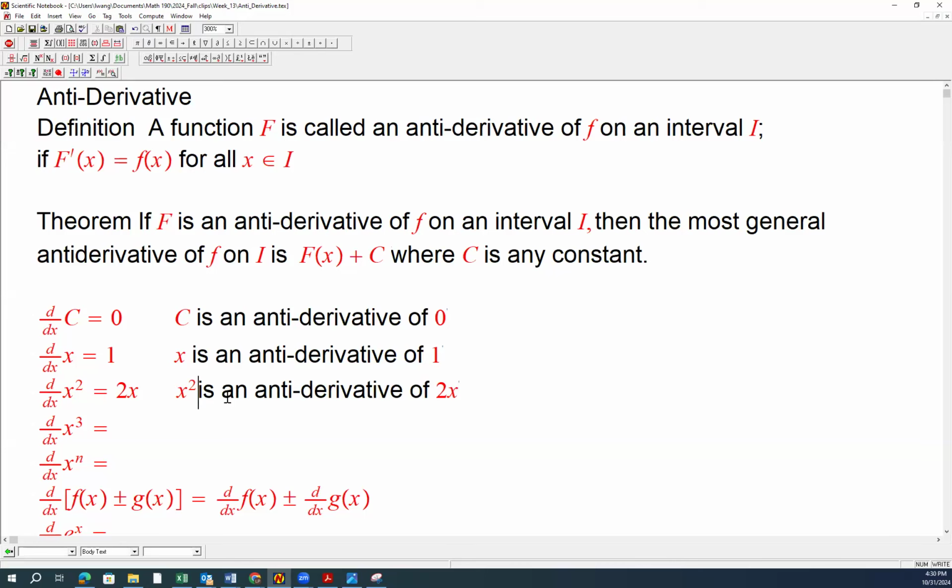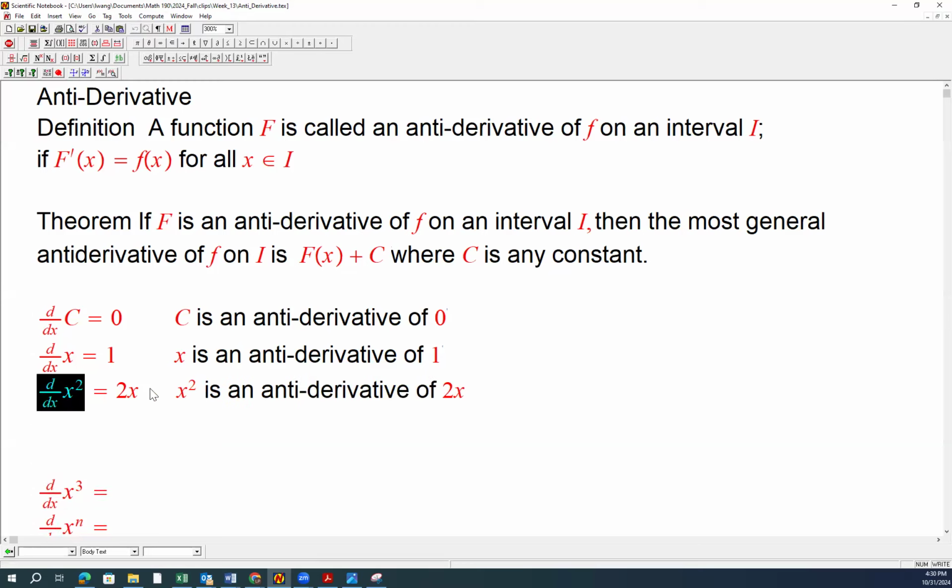Now, if we do a little bit of algebraic manipulation, we know that the antiderivative of 2x is x squared. If we multiply both sides by half, by the derivative law, we can bring the half inside the derivative.